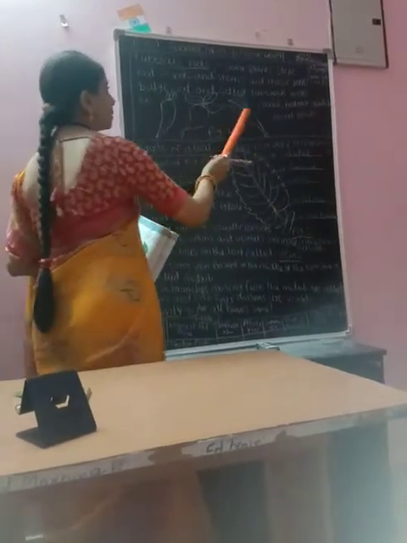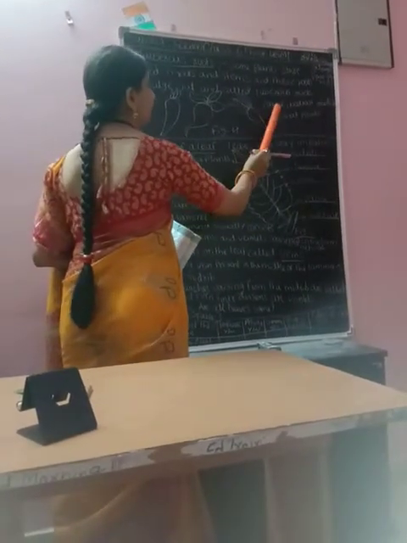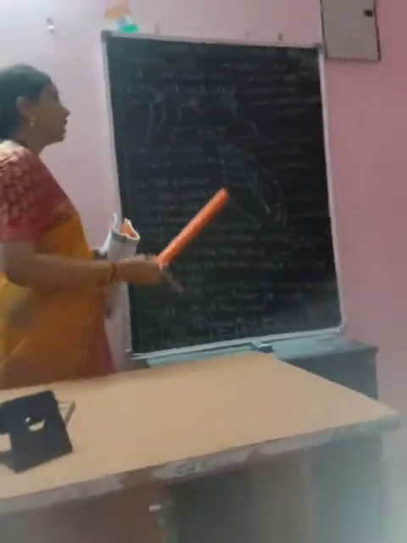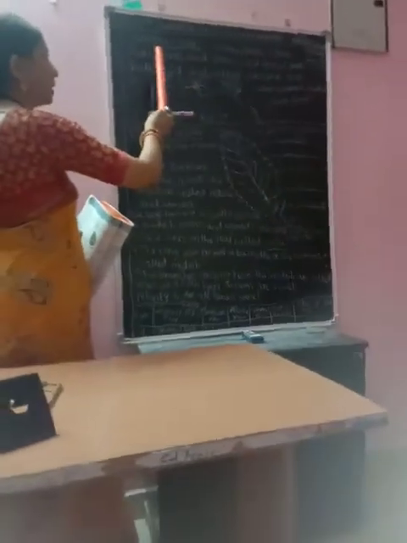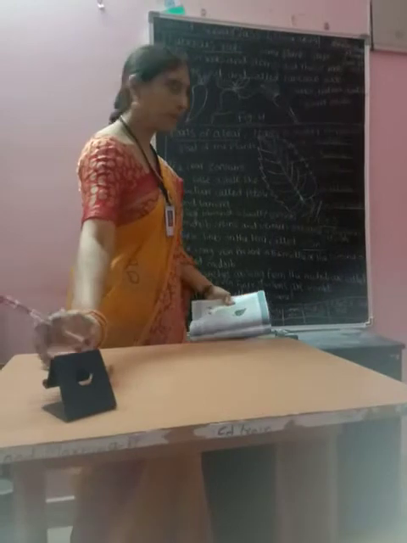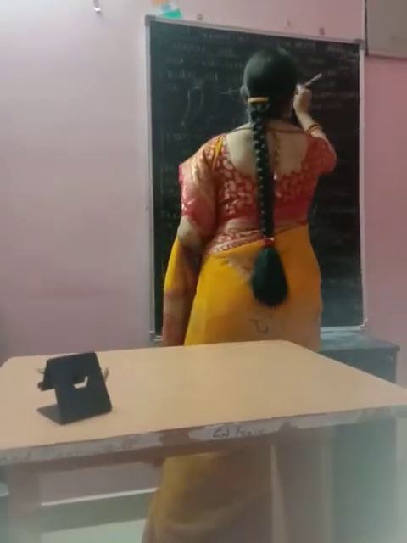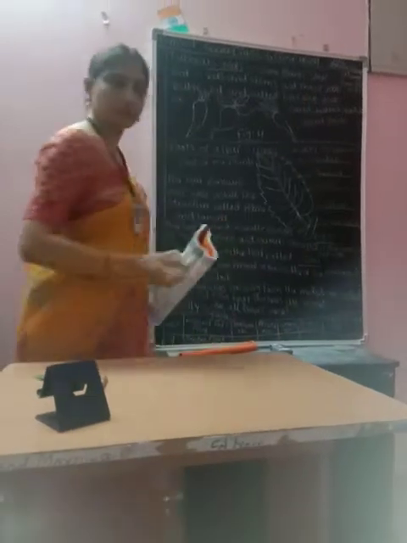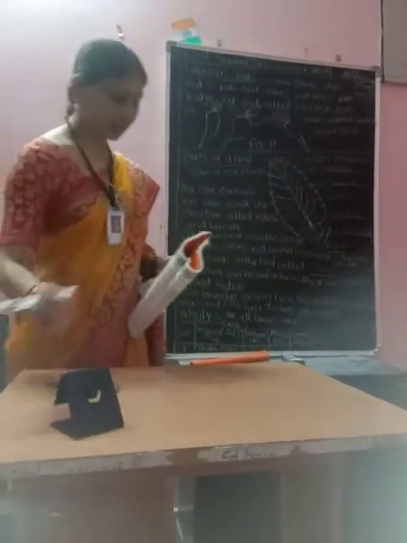What are the examples of tuberous roots in your figure 4? Carrot, beetroot, and radish, and one more example is sweet potato. These are all examples of tuberous roots, and some plants store food in stems and roots.